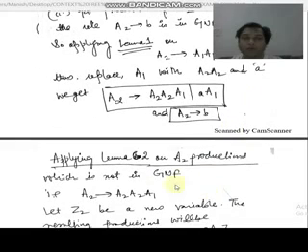So we'll apply lemma 2 on the A2 productions which are not in GNF, and this can be done by introducing Z2 as a new variable.